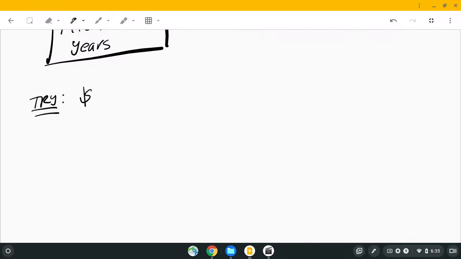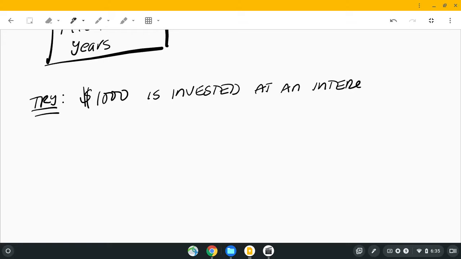All right, $1,000 is invested at an interest rate of 4% per year.